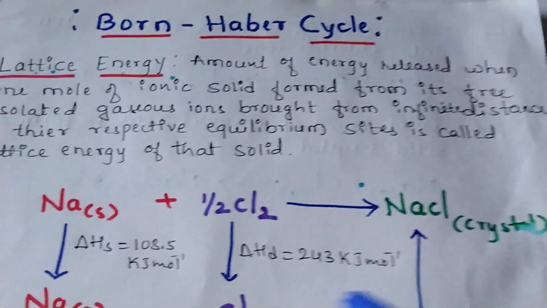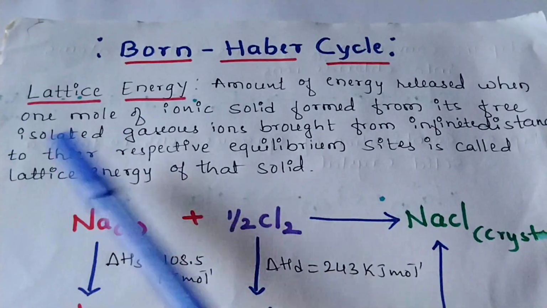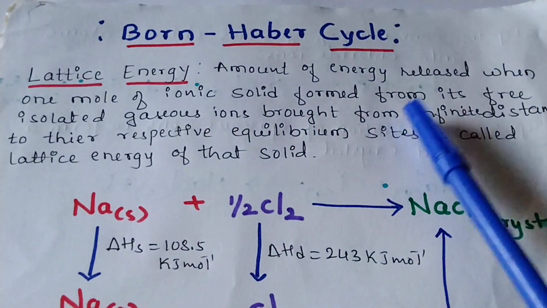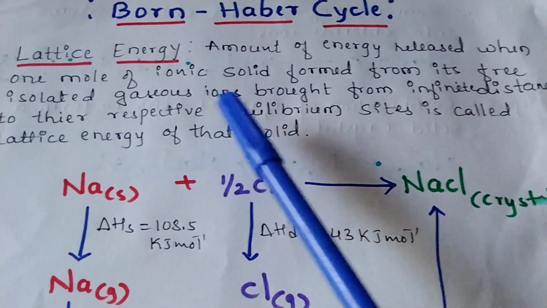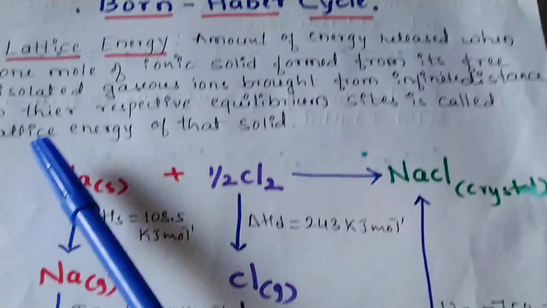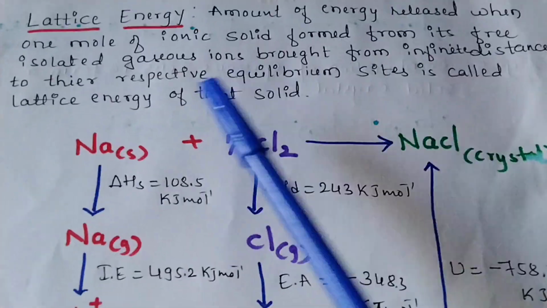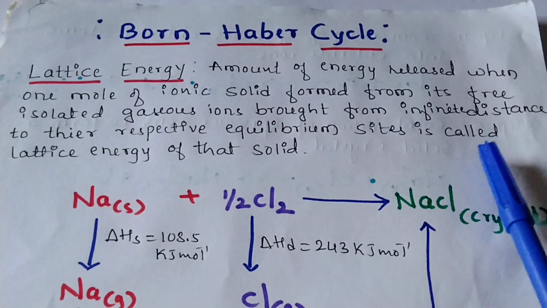Let us know what the lattice energy is. The amount of energy released when 1 mole of ionic solid is formed from its free isolated gaseous ions brought from infinite distance to their respective equilibrium sites is called the lattice energy of that solid.